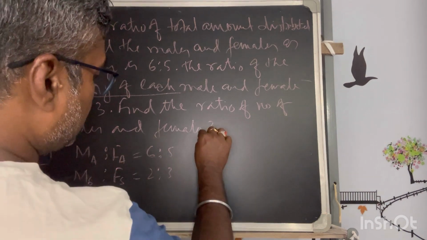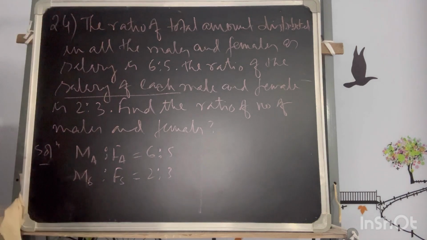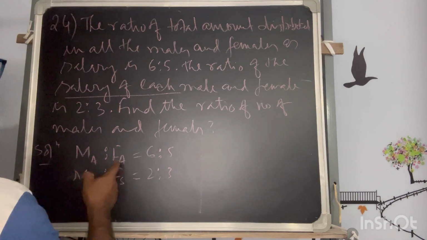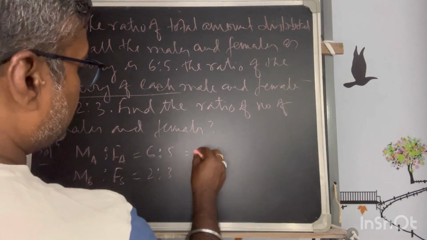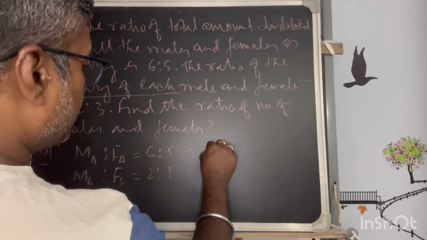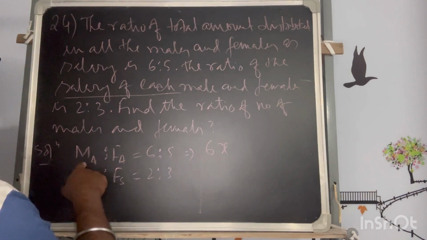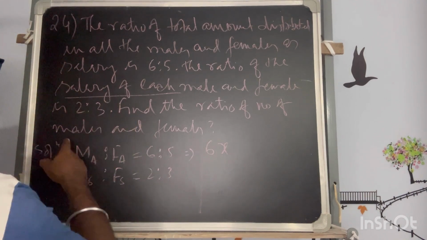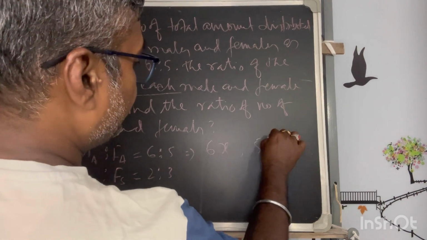Now one thing I will show you first is the elaborate method. So the elaborate method is that if this is the amount received, there must be one multiplication factor. Let's say males are getting 6x in total, because x is the multiplication factor for the amount. So the total for males is 6x and females are getting 5x.